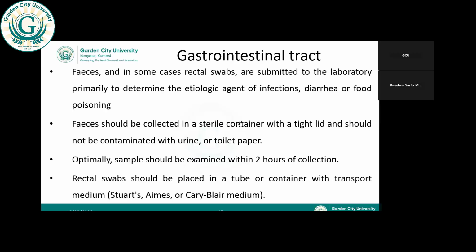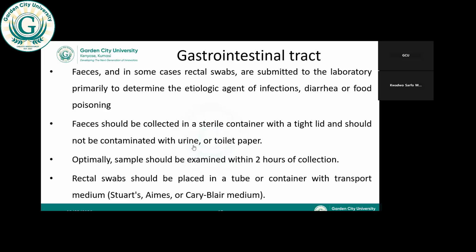Stool already has a lot of microorganisms, but use a sterile container. Don't treat stool as just stool. It should be put into a sterile container with a tight lid. Otherwise, there will be leakage, especially if it's watery stool.